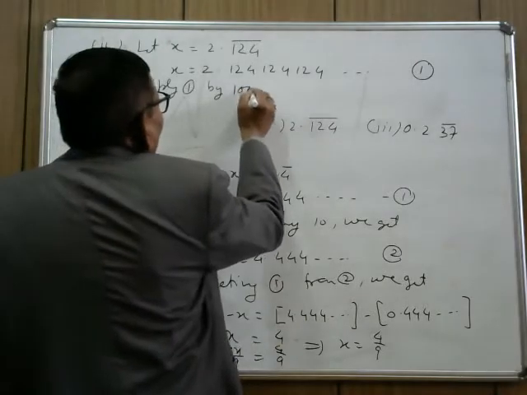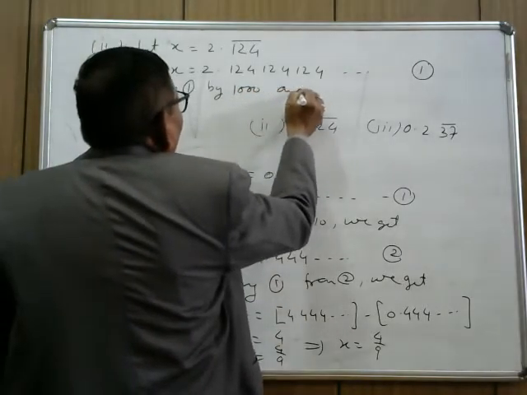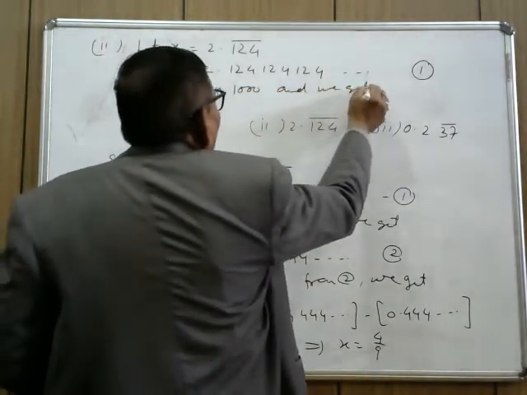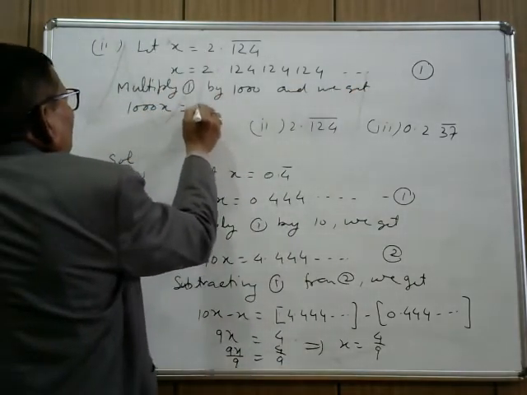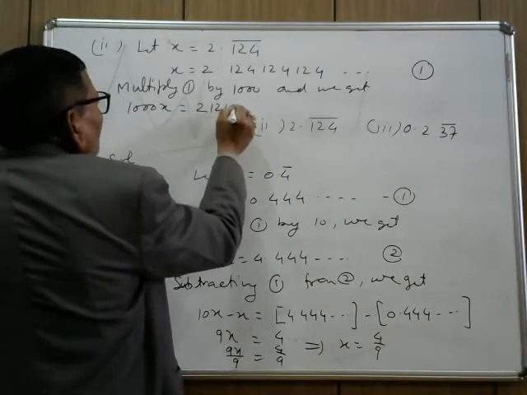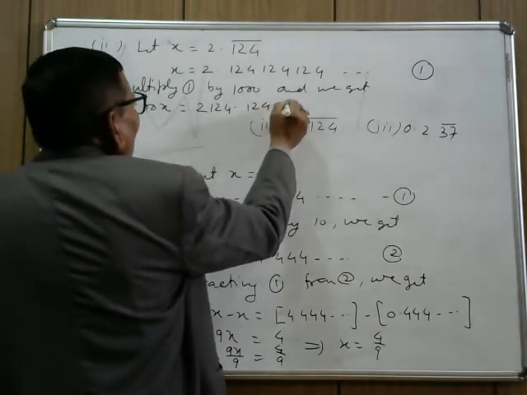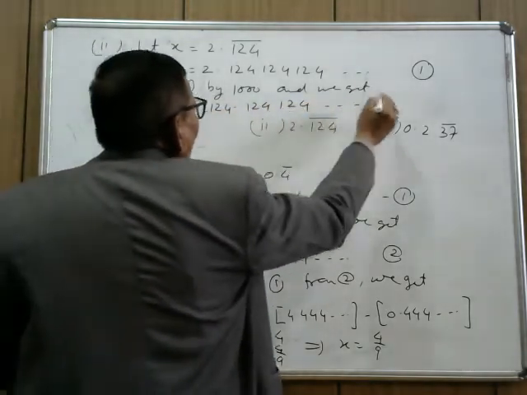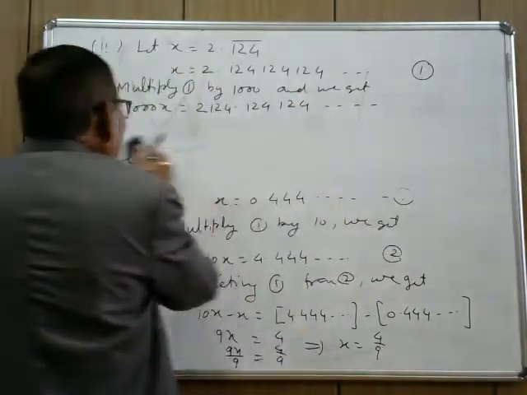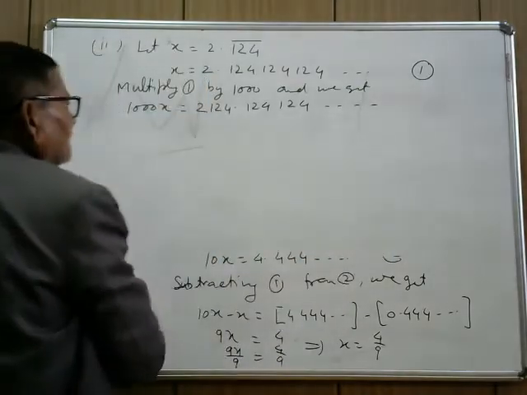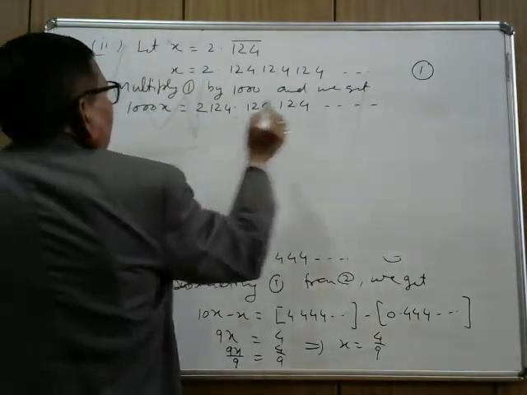Multiply 1 by 1000 and we get 1000x is equal to 2124.124, 124 and so on. This is 2.